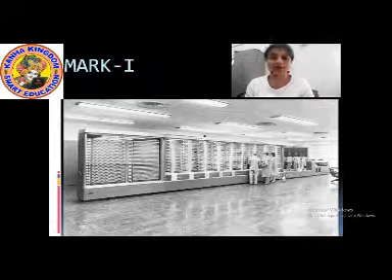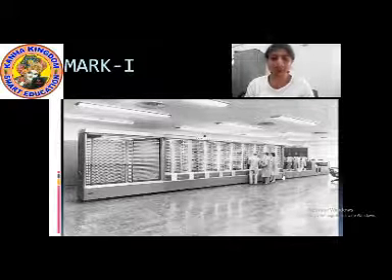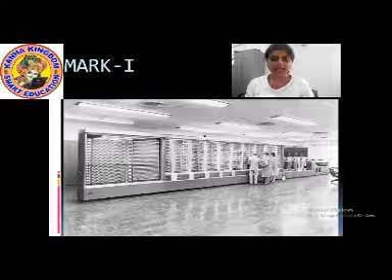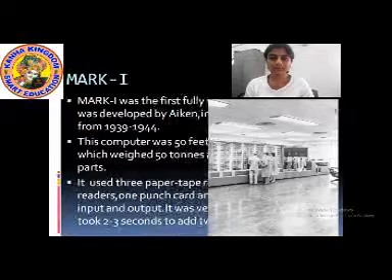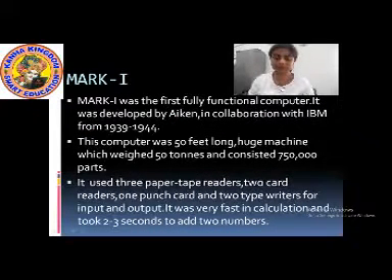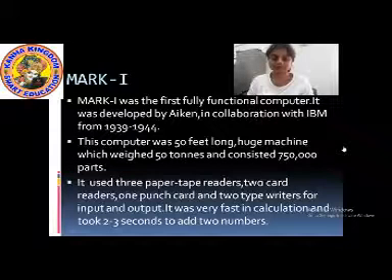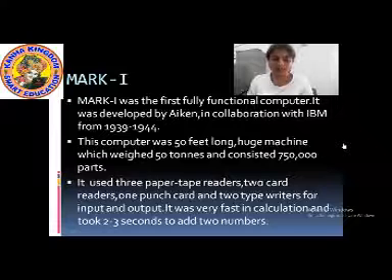Now let me tell you about Mark I, who invented it and when it was invented. Students, this Mark I was the first fully functional computer. That means all the functions could be performed in this computer.